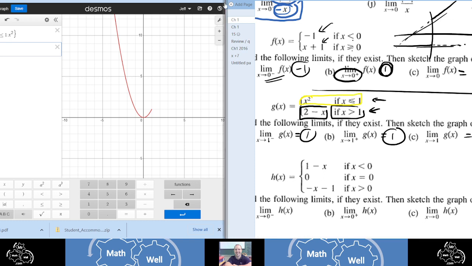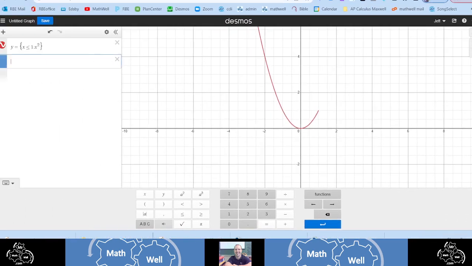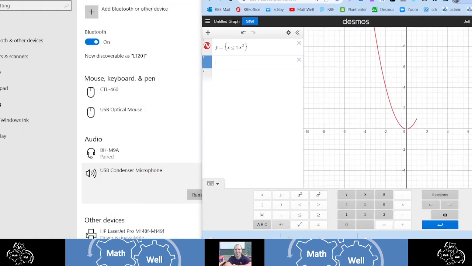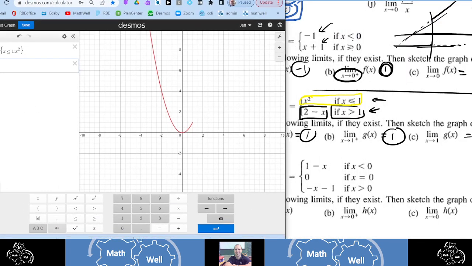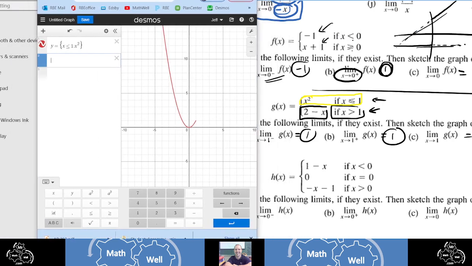Oh shoot, you guys can't see that. Sorry, I have to move things over because you can't see the very far left of the screen. Okay, I think you can see that now, right?